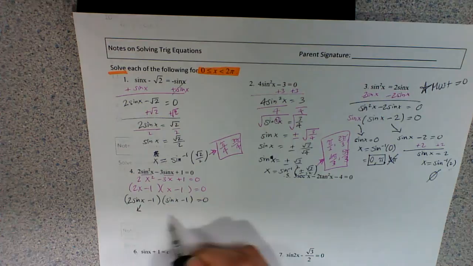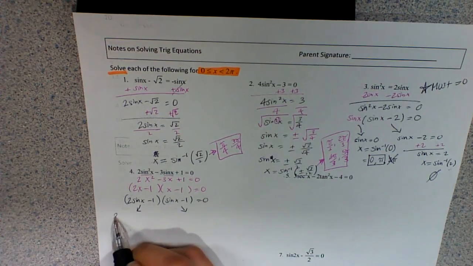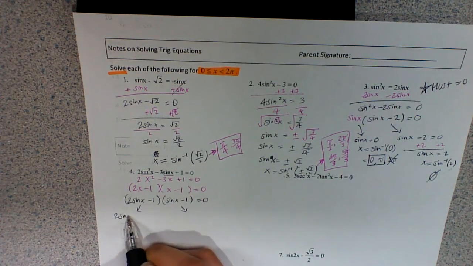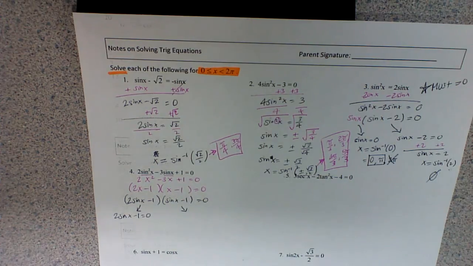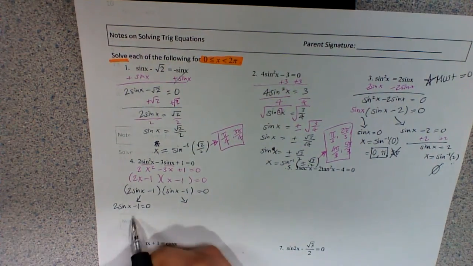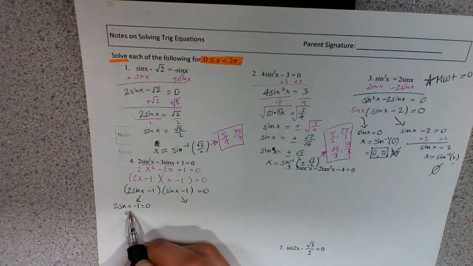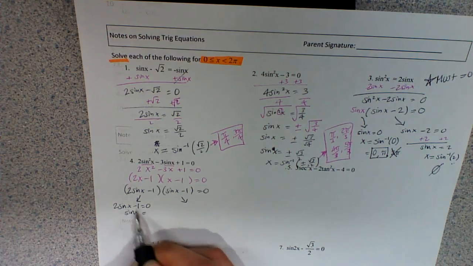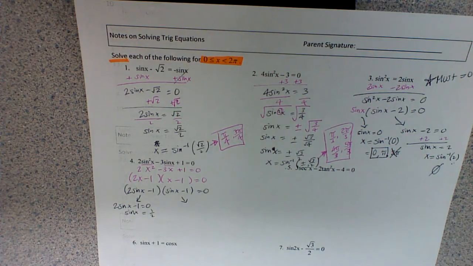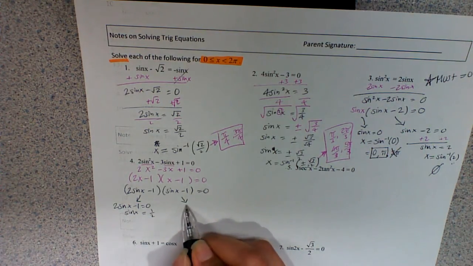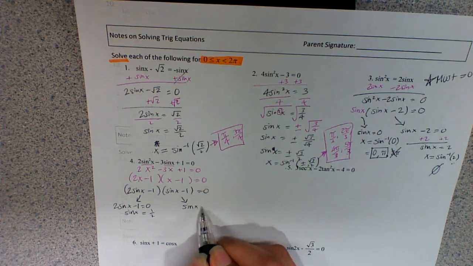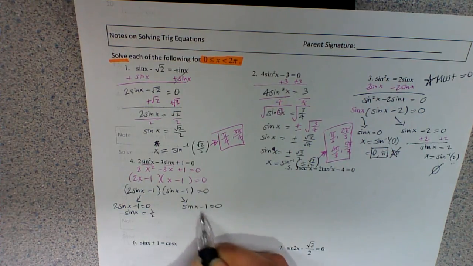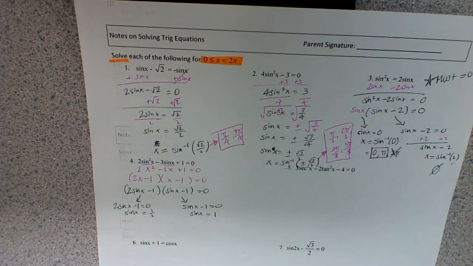So here, the first one I have 2 sine of x minus 1 equals 0. And just to fast forward a little bit for you, once you do get sine of x by itself, you should get a half on the other side. And then the other equation, I will get sine of x minus 1 equals 0, and if you take the 1 over, you get sine of x equals 1.